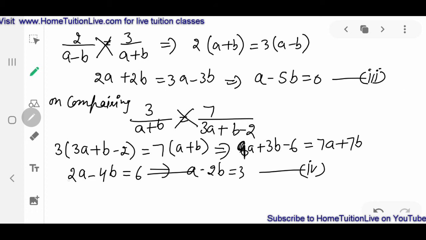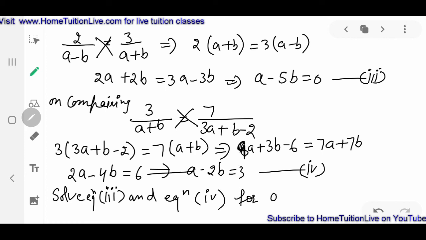We solve equation 3 and equation 4 for a and b by the cross multiplication method.